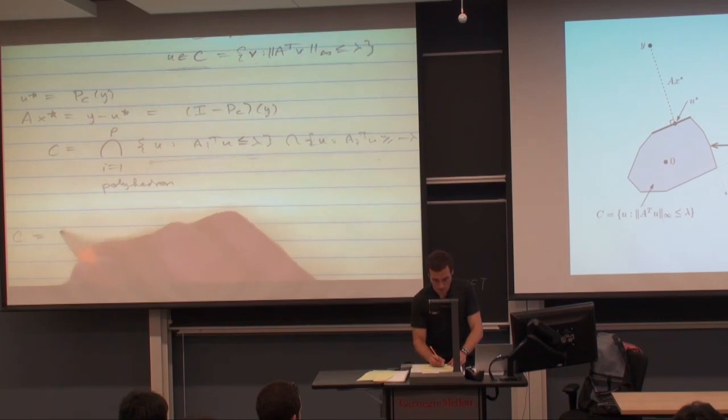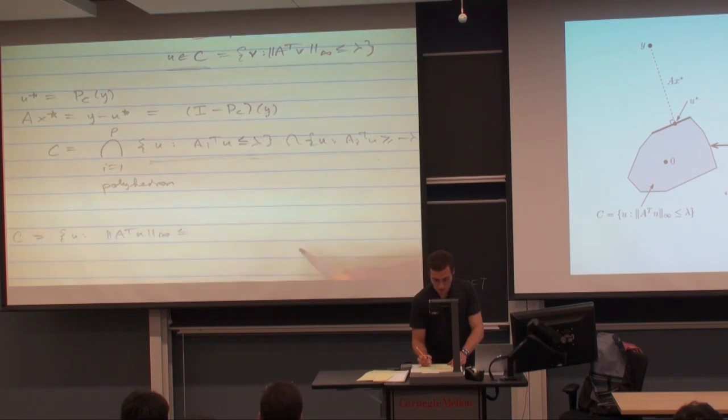So let's just be clear. C is equal to the set of all U such that A transpose U is less than or equal to lambda. In other words, it's the set of all U such that A transpose U is in the set of V such that the infinity norm of V is less than or equal to lambda.